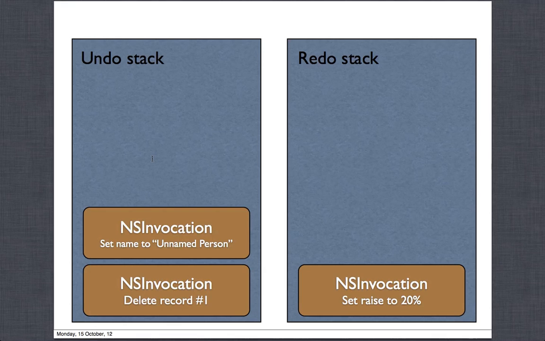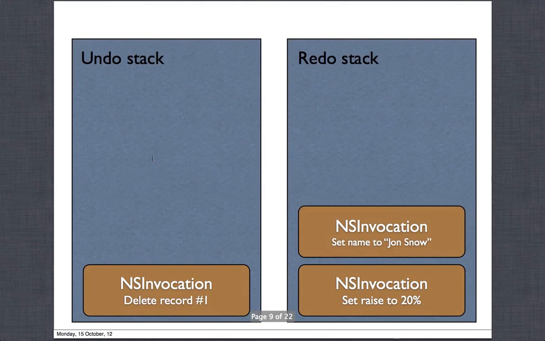The redo stack should have the inverse of that undo message, or the original message that was fired the first time the user changed the raise of Jon Snow. So we have the inverse of that function that we used in undo in the redo stack, and it's set raise to 20%. And then the user hits undo again, and another message gets deleted from the undo stack, and another message gets pushed into the redo stack.